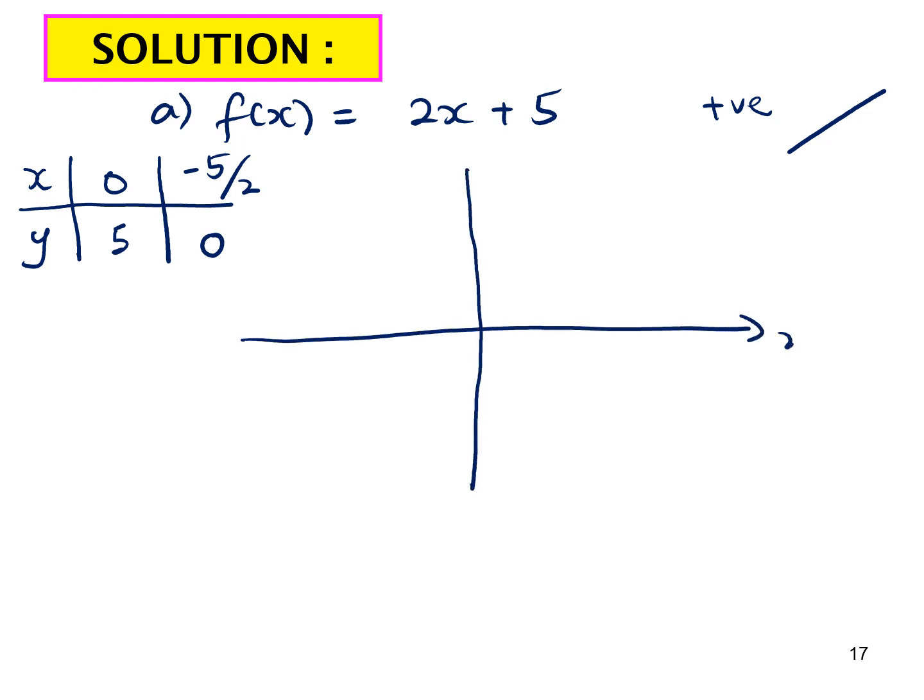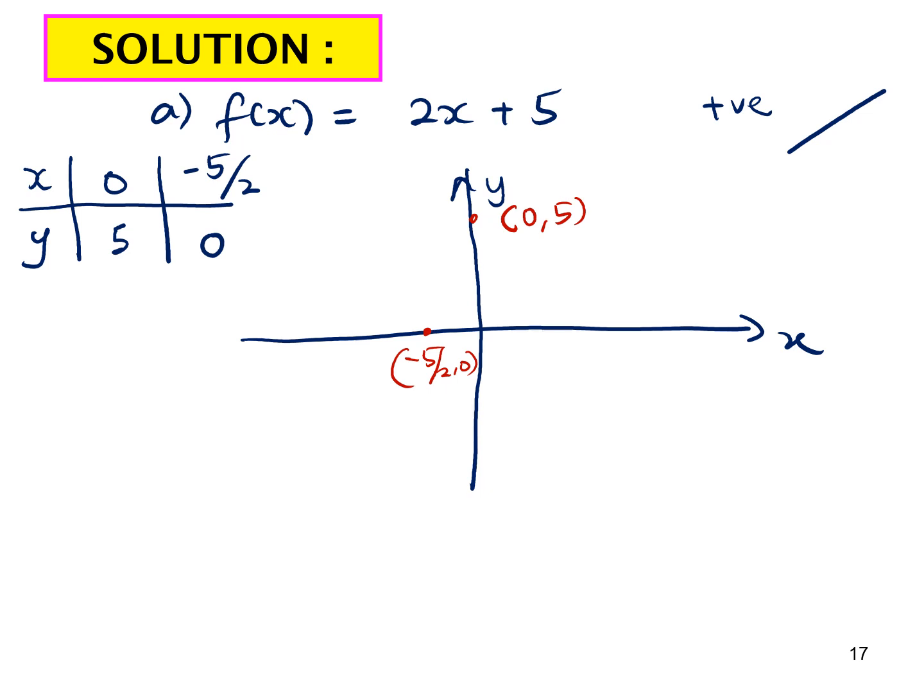Alright, after that, we draw both axes, x and y, and then we put the coordinates. (0, 5) is here, and then (negative 5/2, 0) here.